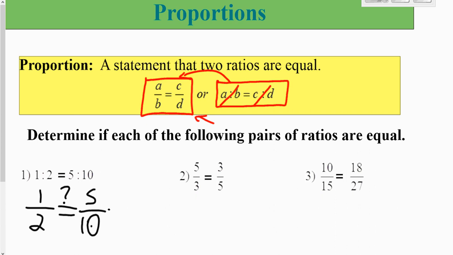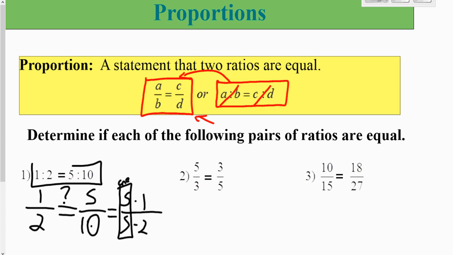Well, 5 to 10, they're both divisible by 5, so I can do 5 times 1 over 5 times 2. Something divided by itself simplifies to 1. So then I can see that this reduces to 1 to 2, and the proportion 1 to 2 is equal to the proportion of 1 to 2. So therefore, 1 to 2 is equal to 5 to 10. So yes, those ratios are equal.